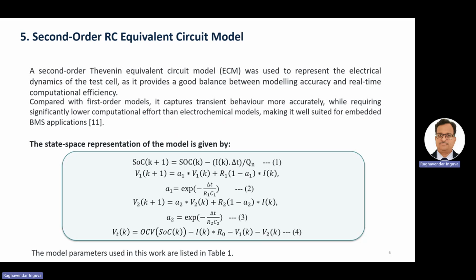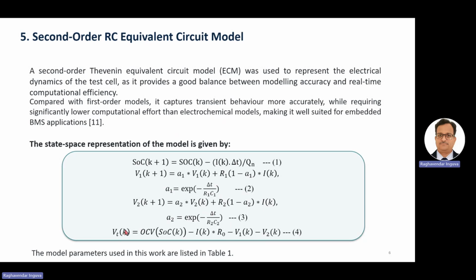Then, as I told you, we are going to use a second order RC equivalent circuit model. So here we are going to represent the electric dynamics of the cell to match with the real-time computational efficiency. We are going to use two different RC circuits. As you can see over here, this is one RC circuit calculation, and this is another RC circuit contribution.